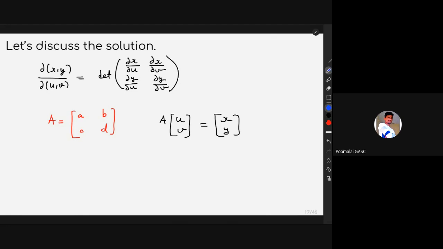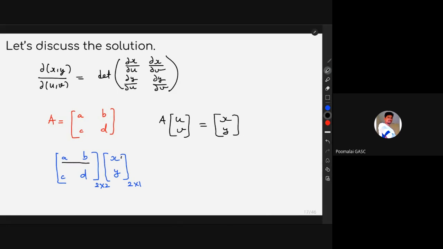So this is a matrix multiplication. How do we perform it? We have a 2 by 2 matrix and a 2 by 1 matrix. The multiplication is performed so that the first row gets multiplied with the column of the other matrix: this entry multiplies with this entry, and this entry with this entry.